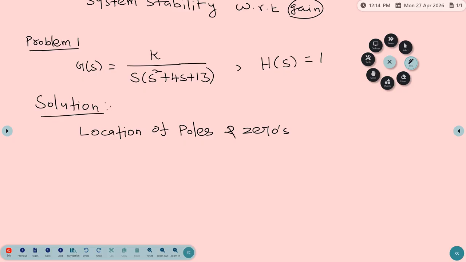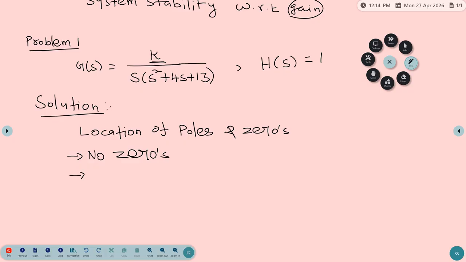Similarly, roots of the denominator are called poles. Here in this G(s), only K is available in the numerator. Since there is no s term in the numerator, there are no zeros. So simply we can write no zeros for this particular problem.